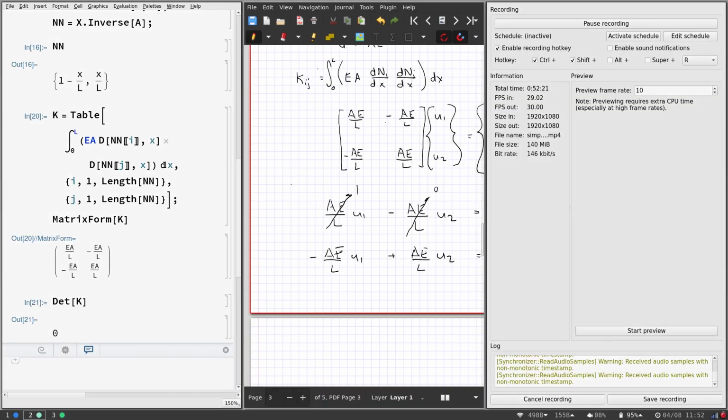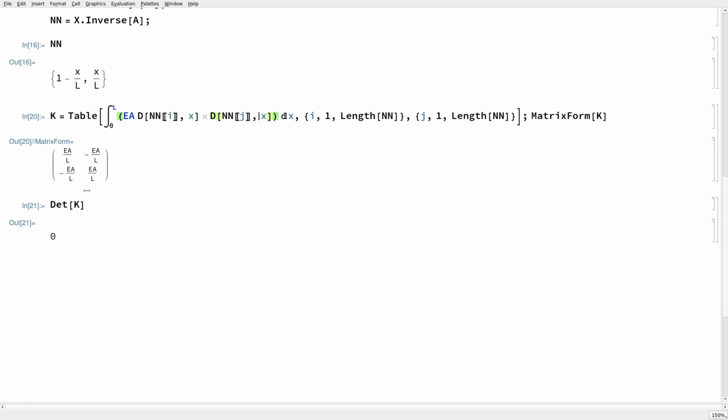So what I can do is go back over here, and I can basically say that, well, I'll say K1, the first row of K, equals 1, 0.